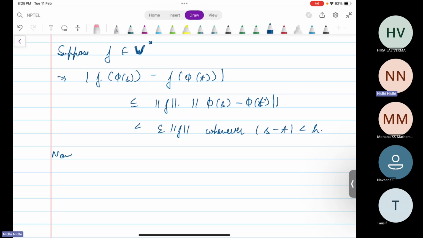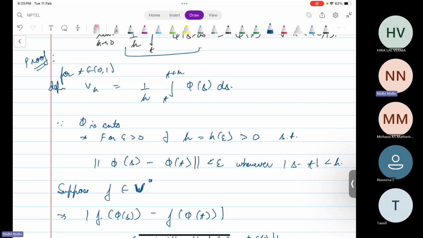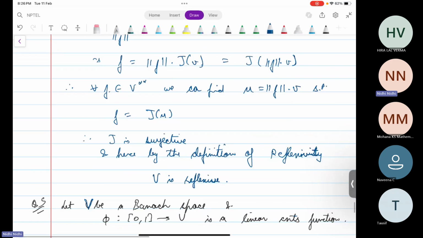Now let us see f(vh) minus f(v), where v is phi at t. T is fixed.